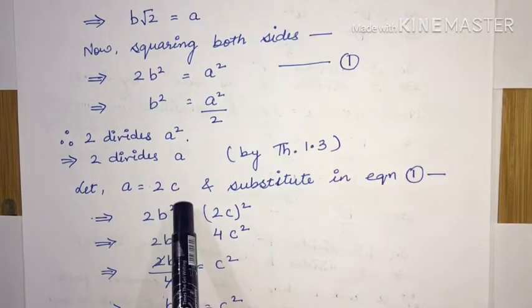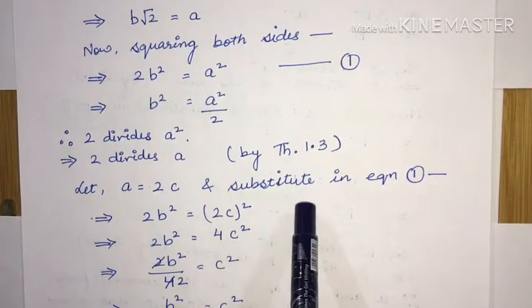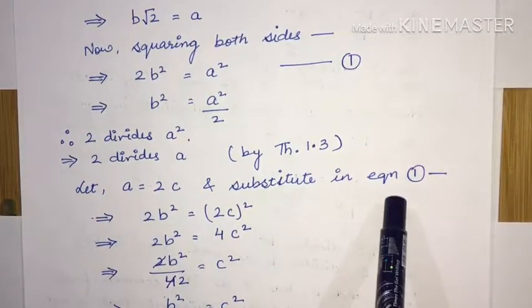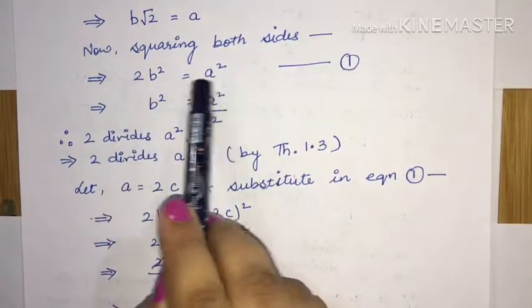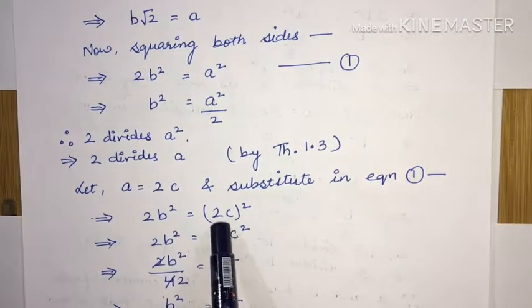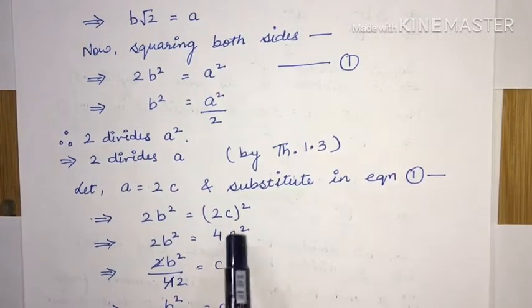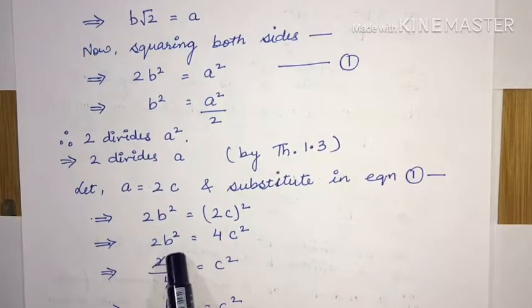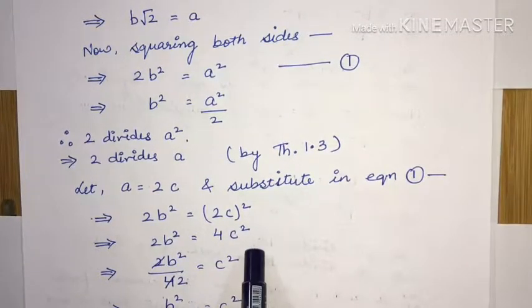Let a be equal to 2c, and we'll substitute this value in equation 1, which implies 2b square is equal to 2c whole square. After squaring this, we'll get 2b square is equal to 4c square.